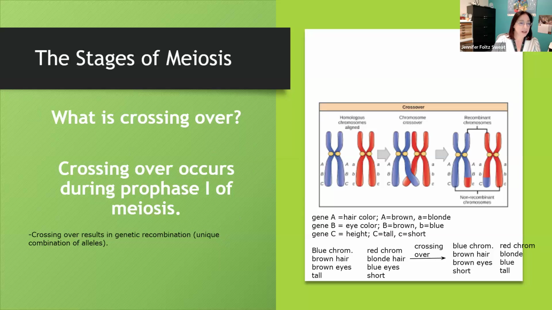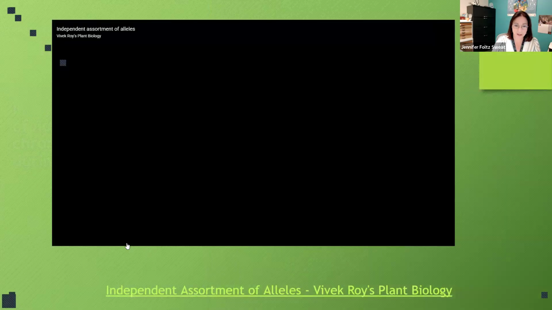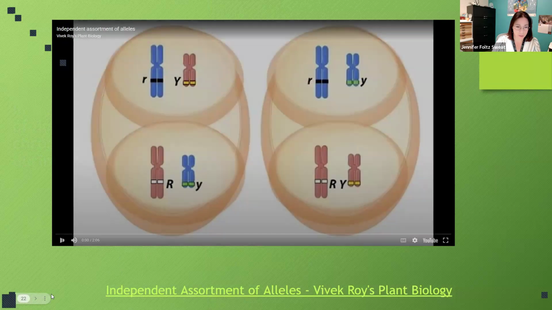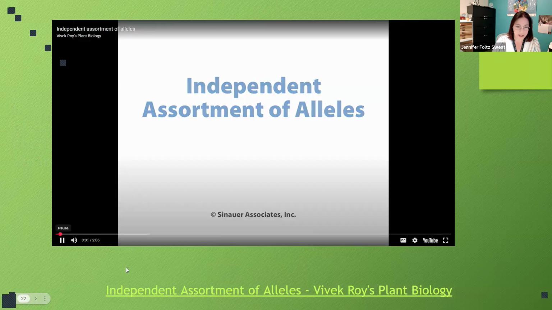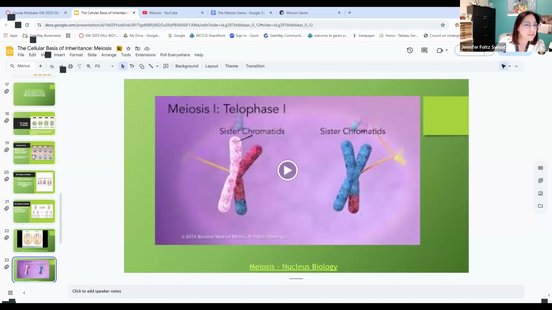I think, nope, where's my crossing over? It's my independent assortment. I don't want that yet. I have a good crossing over video somewhere. I think this is it.